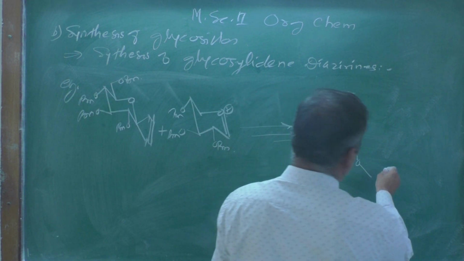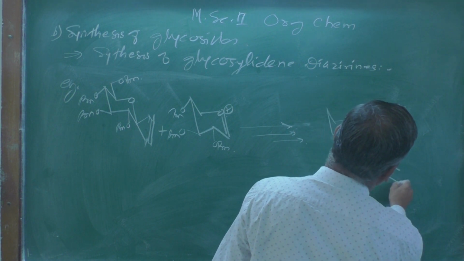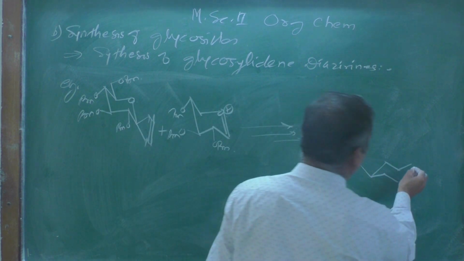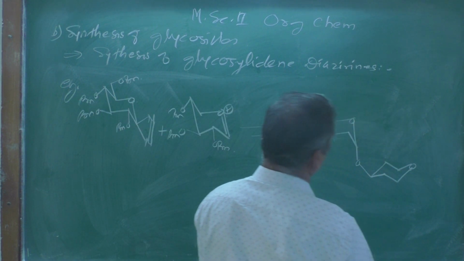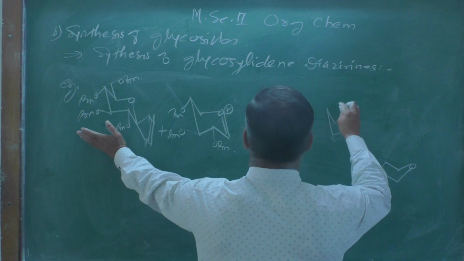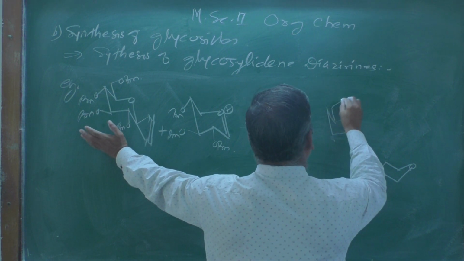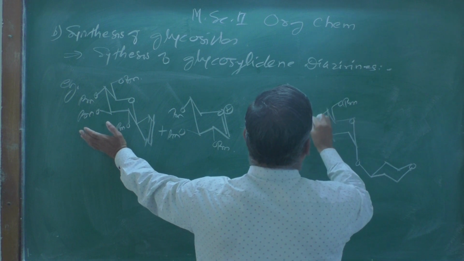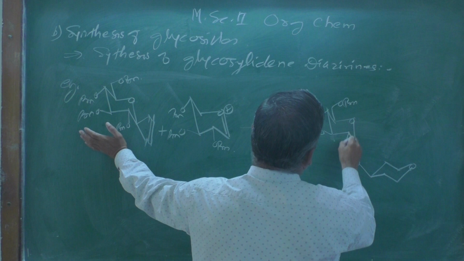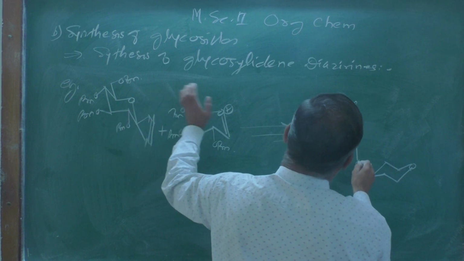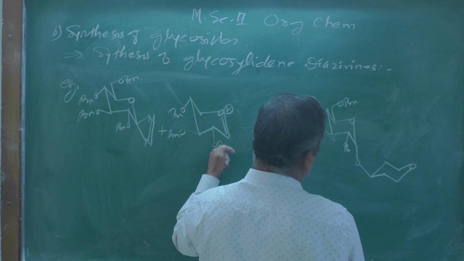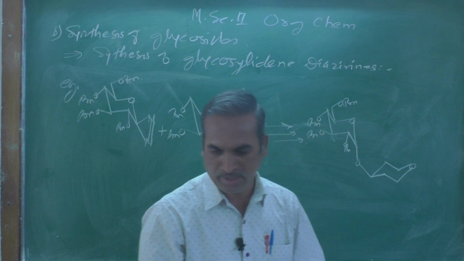And this will be the reagent, that oxygen atom over here, this one, and finally this part we can write as OBn, then OBn, but here at the axial position, that is the alpha position, this product is obtained.